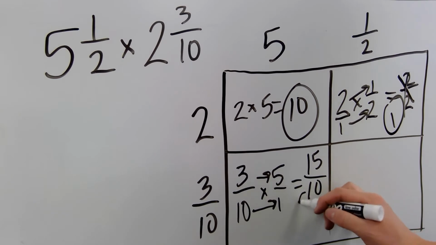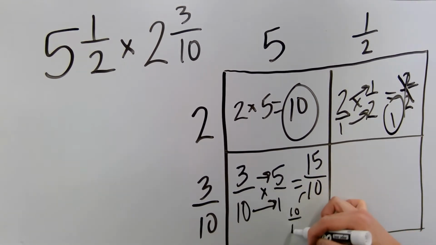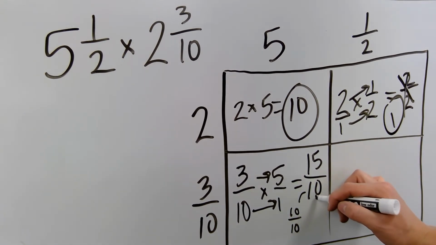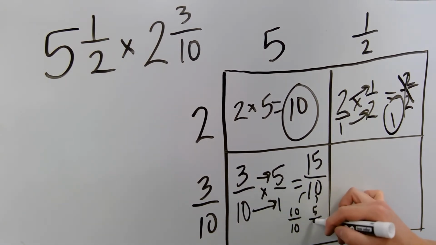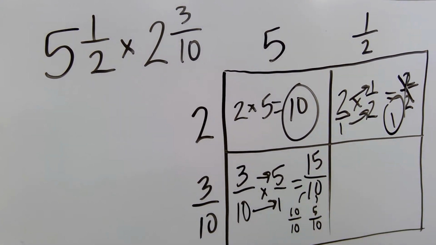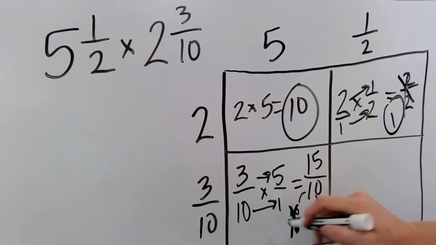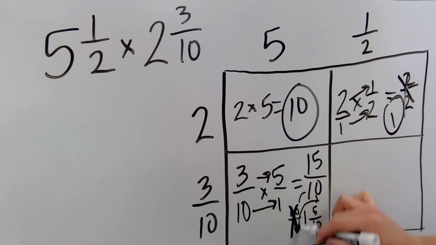So I can take out one whole, which would be 10/10. And if I take 10/10 out of 15/10, then I am left with 5/10. 10/10 really equals 1 whole. So I have 1 whole and 5/10.